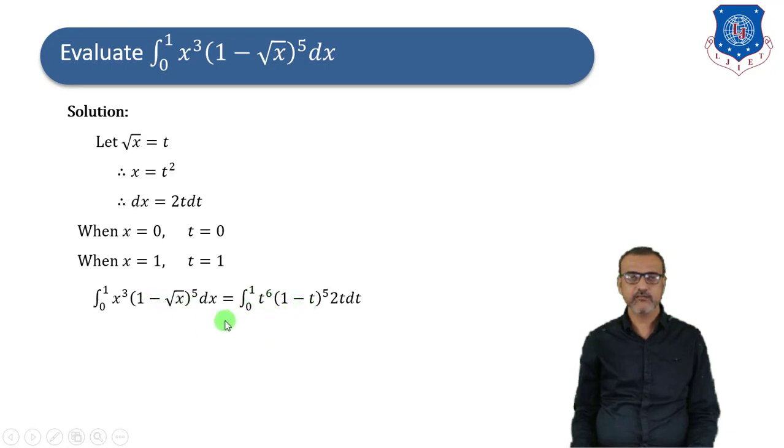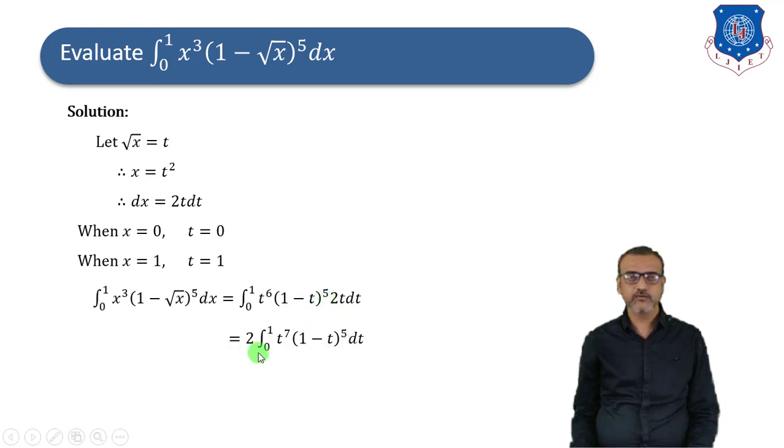Then replacing root x by t, it is (1 minus t) the whole raised to 5, and replacing dx by 2t dt. Now we multiply t raised to 6 by t raised to 1, so it becomes t raised to 7, and this 2 and (1 minus t) the whole raised to 5 will be as they are.